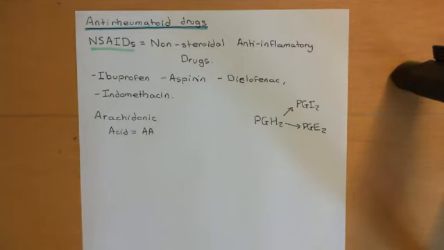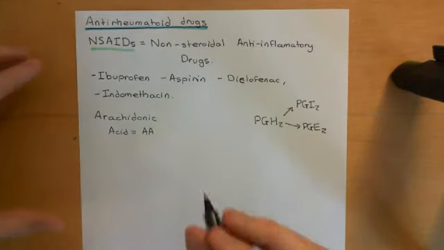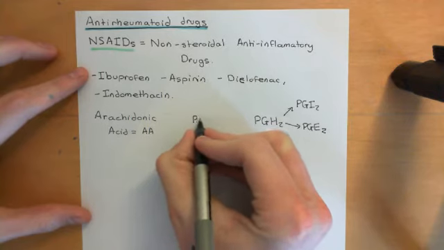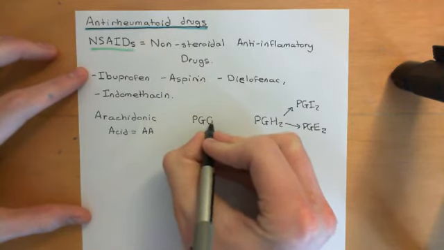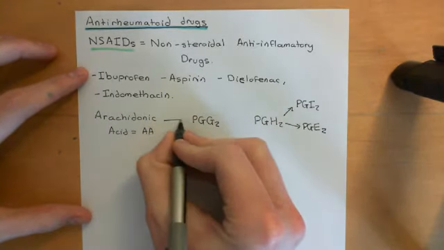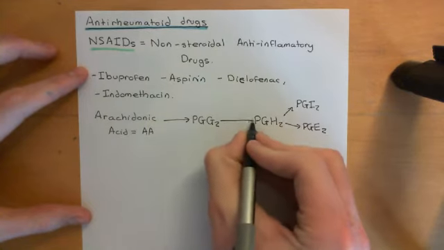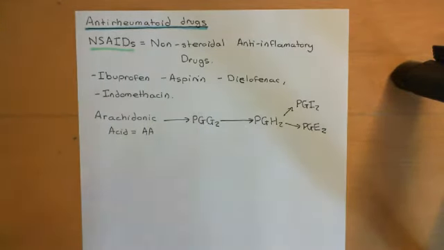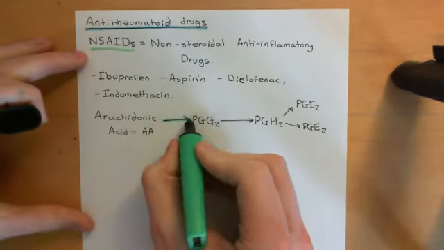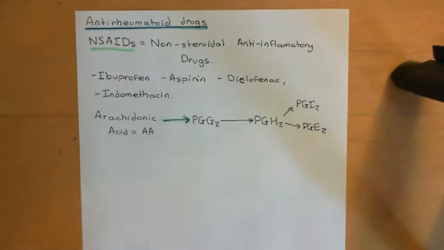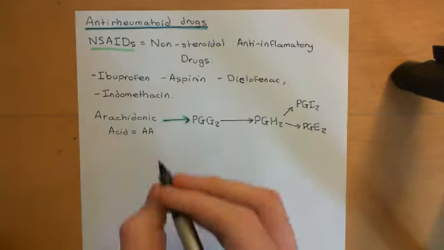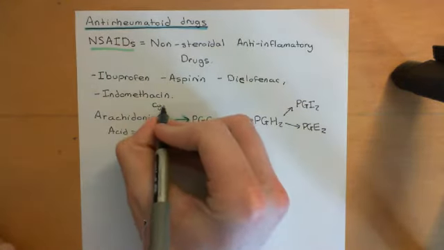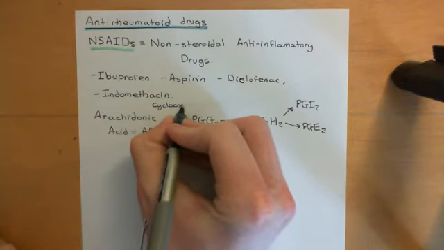Okay, well basically arachidonic acid is firstly converted into an intermediate called prostaglandin G2, PGG2, and then it's converted on to prostaglandin H2. Now these reactions are so important that they actually have their own names. So this first reaction, which is the conversion of arachidonic acid into prostaglandin G2, this is called the cyclooxygenase reaction.